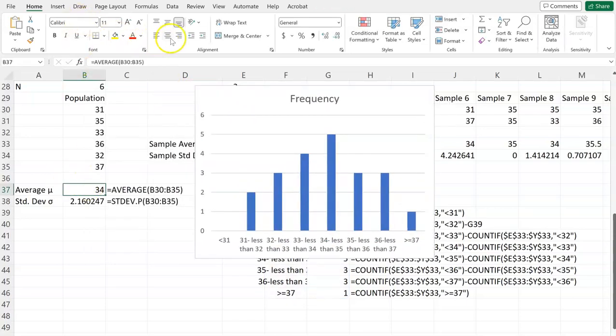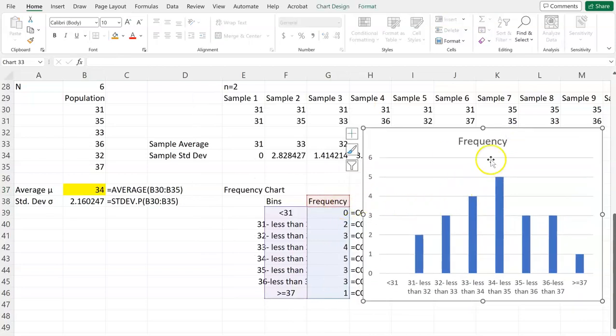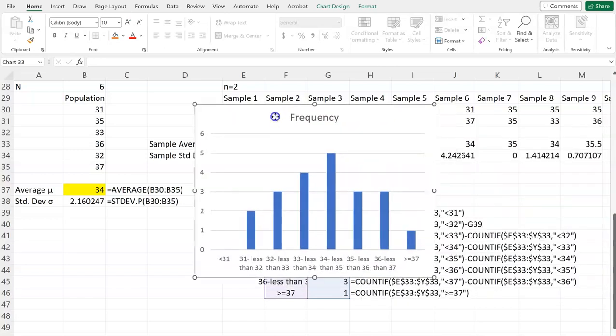The population average is actually 34, and we get a lot of the averages, or if I look at the frequency, 5 of the averages are around 34. If I look closer, between 33 and 36, we have 5 plus 4, 9, plus 3, 12 out of the 21 samples that I have around that number.